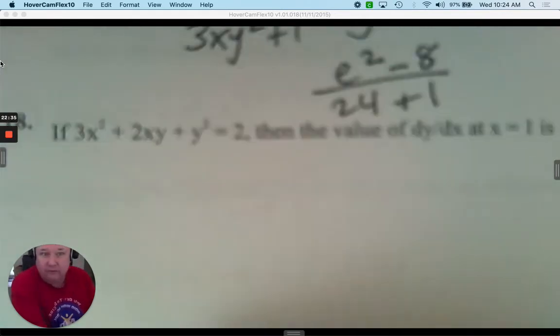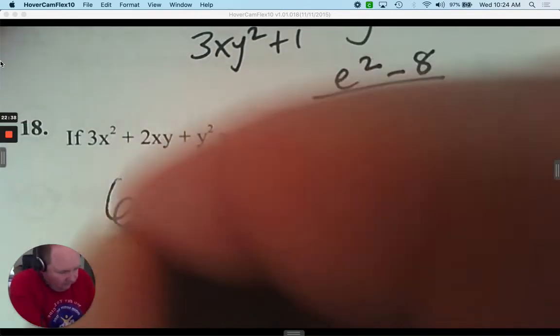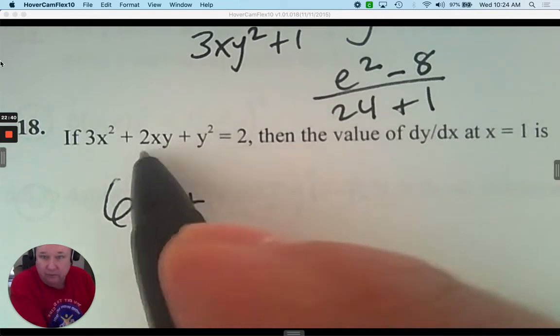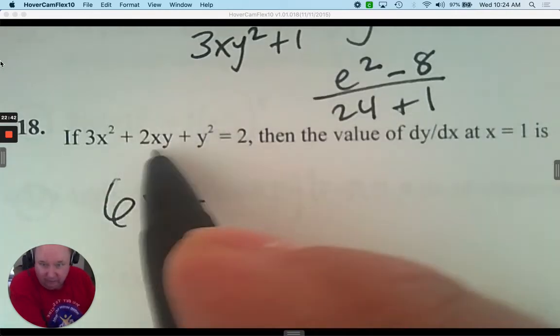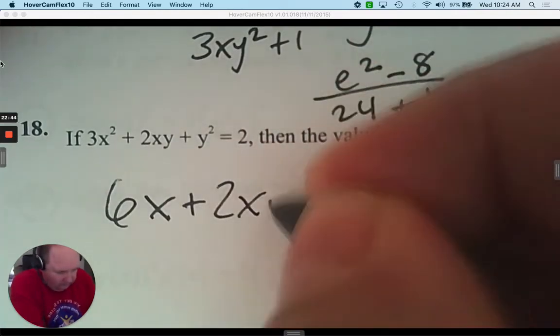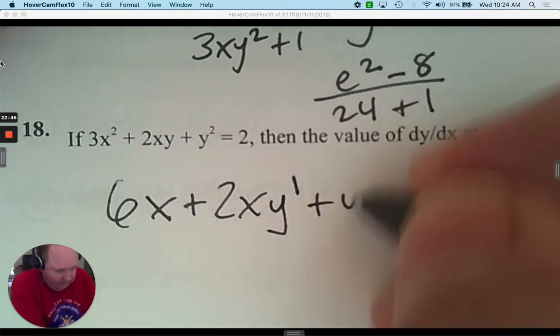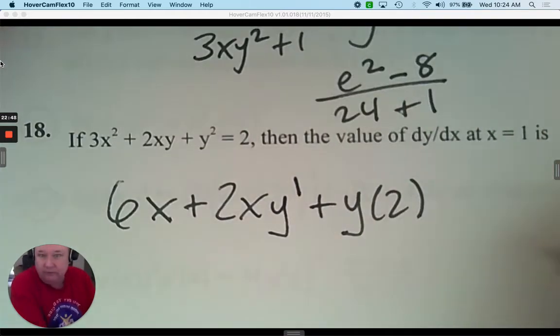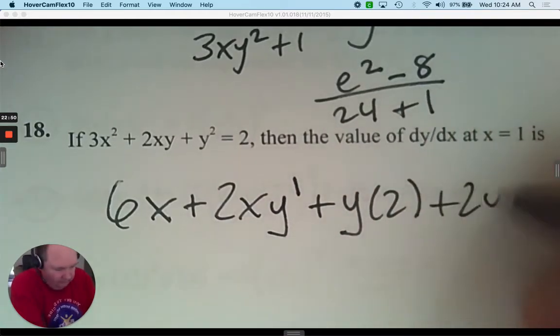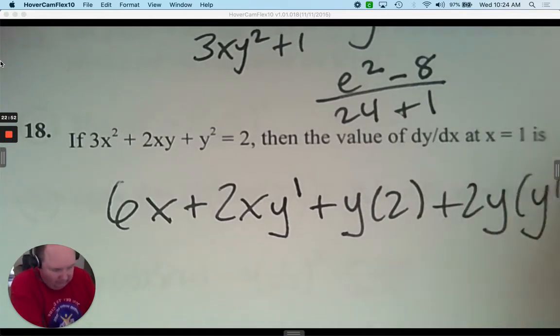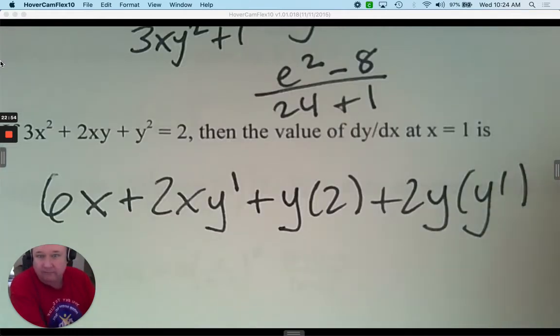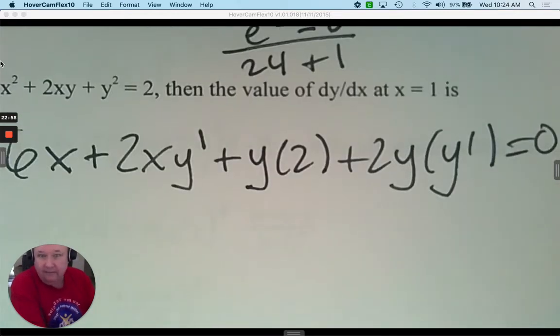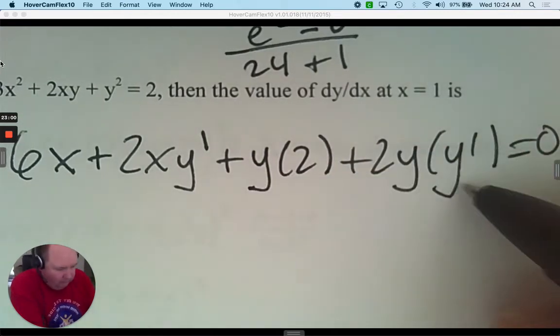Number 18. Again, I'm going to take the derivative implicitly. So this is 6x. This is the product rule. X, y together is the product rule. The first times the derivative of the second plus the second times the derivative of the first. The derivative of y squared is 2y, but it needs the hook y prime. And the derivative of 2 is 0. Then the y primes are going to stay.